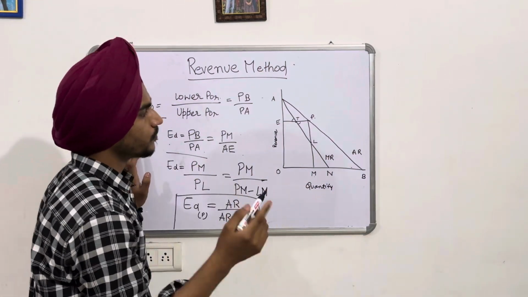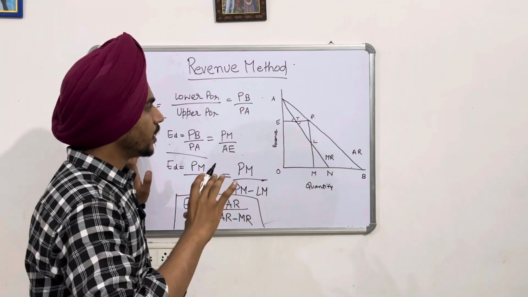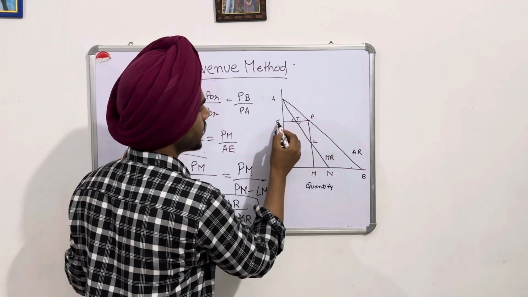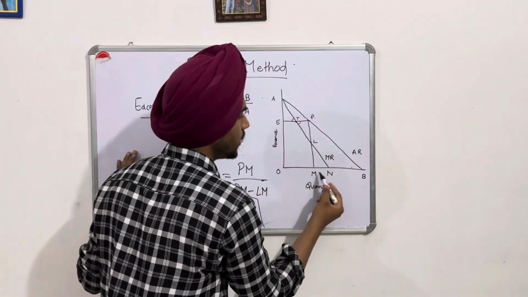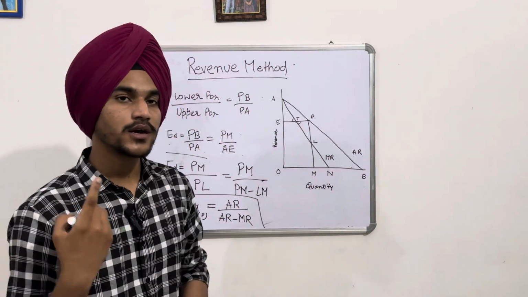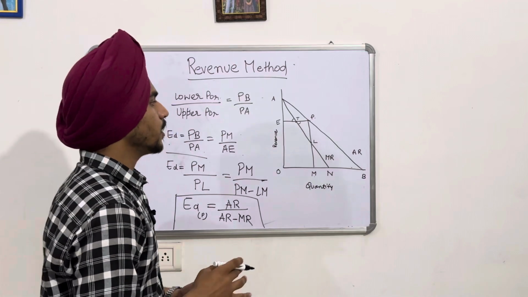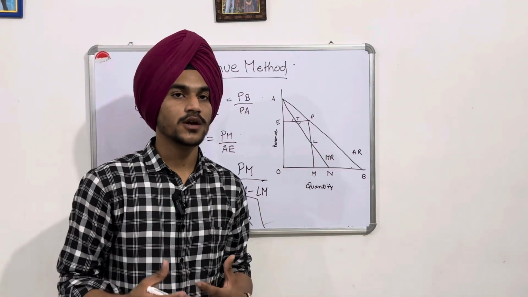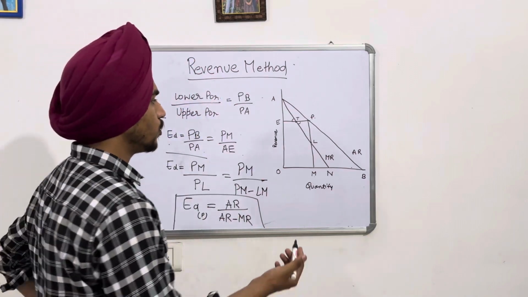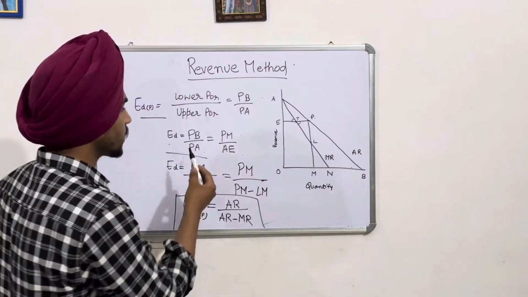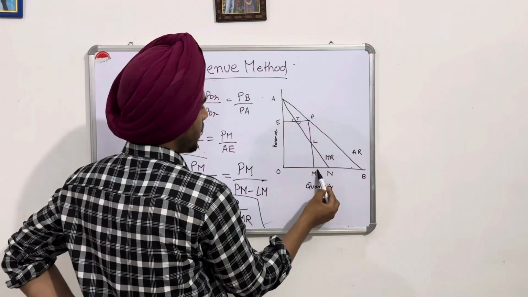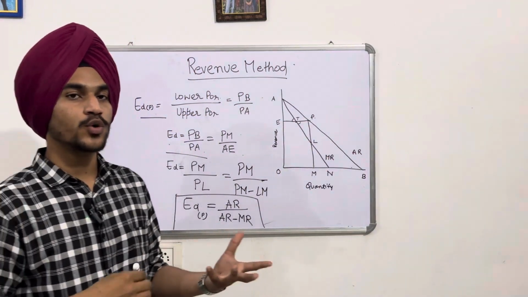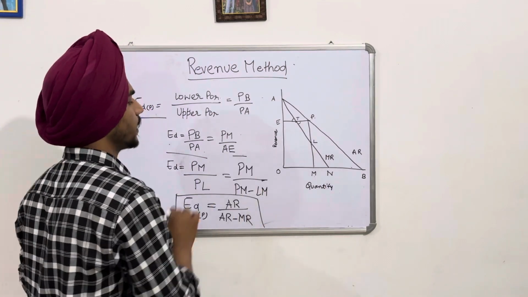Then, if you know a little bit about geometry, you could guess the triangles AEP and PMB are similar triangles, and we know the ratio of corresponding sides of similar triangles are always equal. So can we write PM by AE, corresponding sides ratio equal? Yes, we can write it like this.